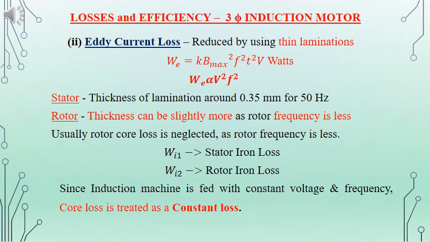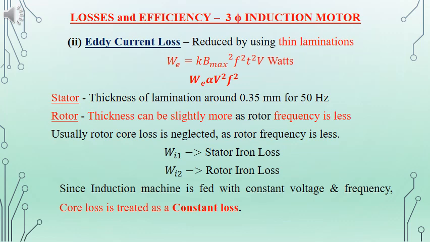And we can write W is proportional to V square F square, where V is the voltage. We had already seen Bmax is proportional to V, the voltage. And here again we will have to consider the stator side and rotor side eddy current loss, and for the same we will have to consider the corresponding frequencies.